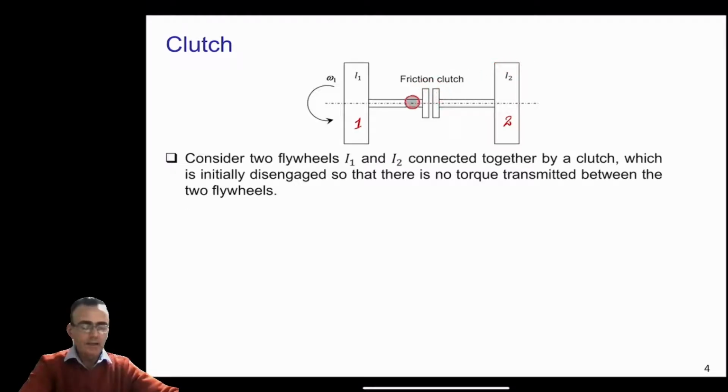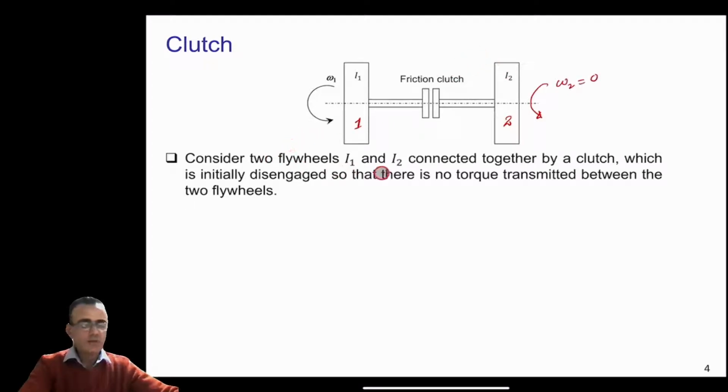This is the clutch, which is between the two flywheels. The first flywheel is rotating at angular velocity omega 1, and the angular velocity of flywheel 2 is 0. So in this specific case, omega 2 is 0 here.